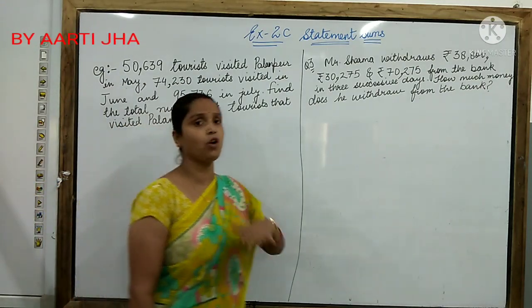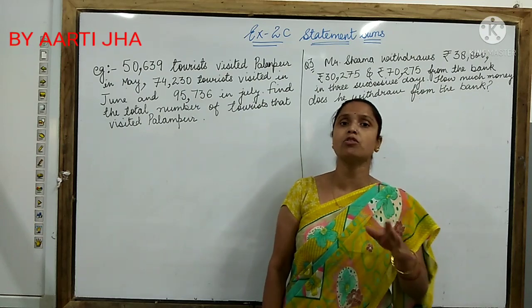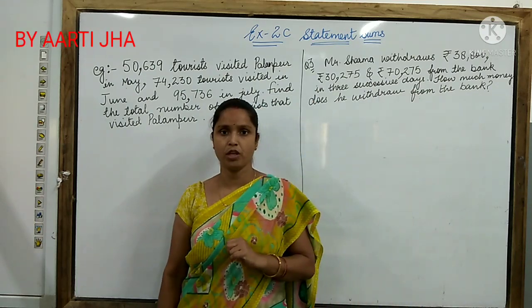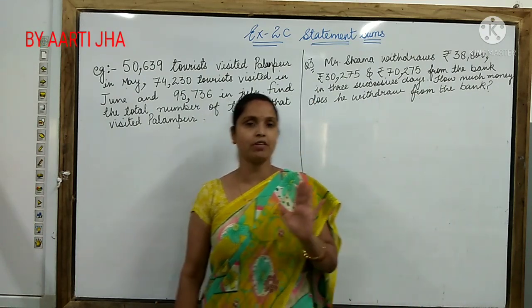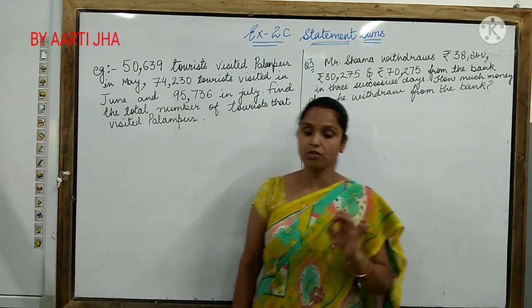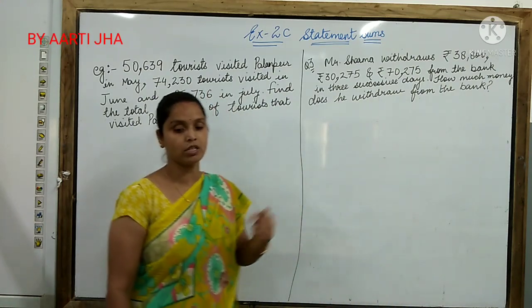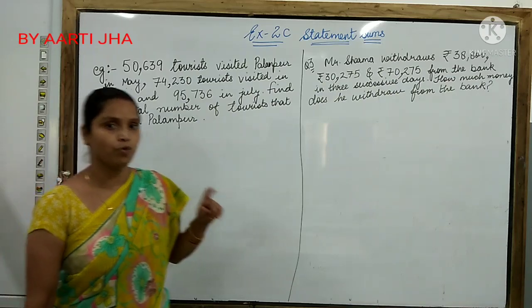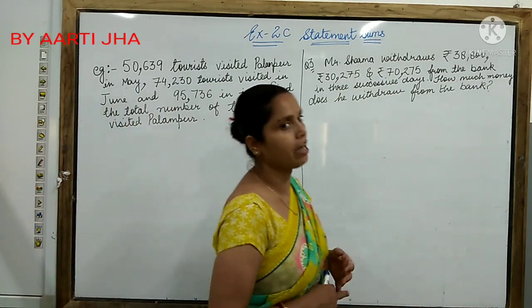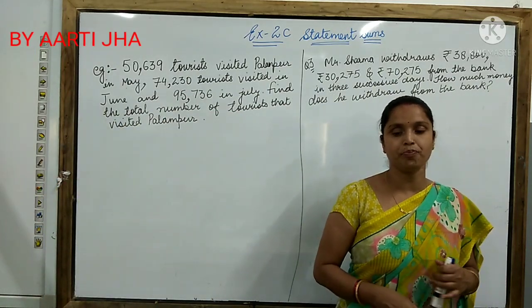After learning these four properties, I told you to do exercise 2B, where you had a total of 16 blanks. Out of the 16 blanks, 11 to 16 were word blanks, which I discussed in that video only.